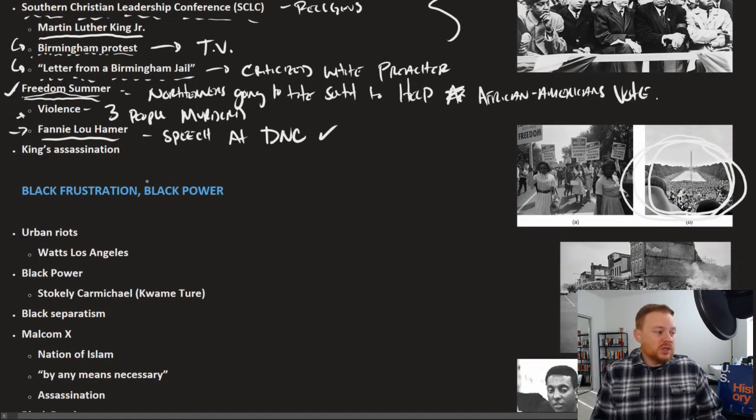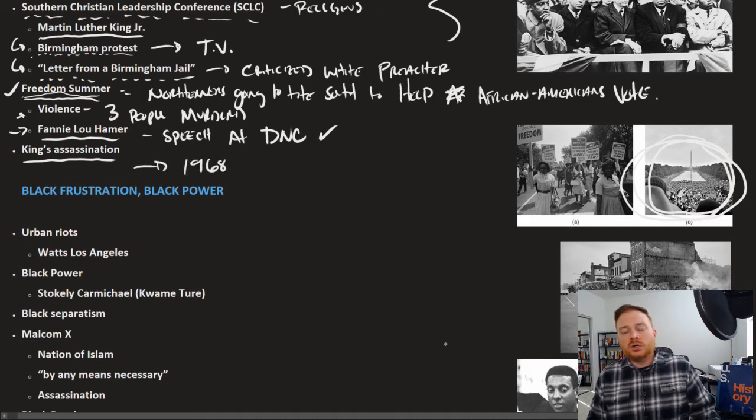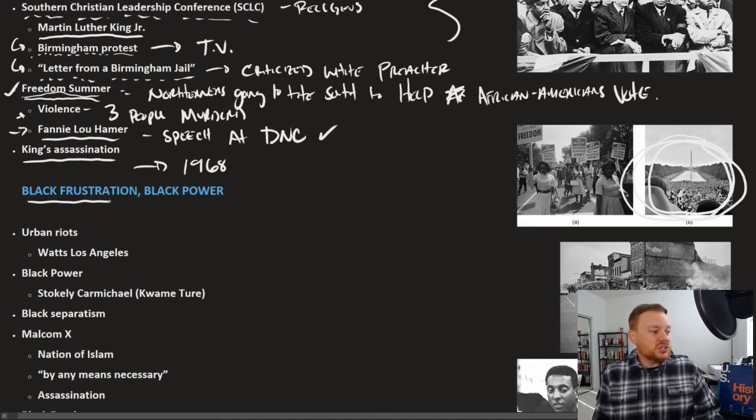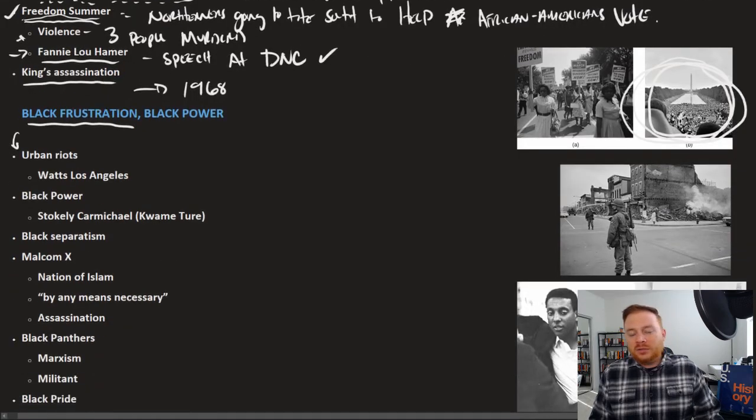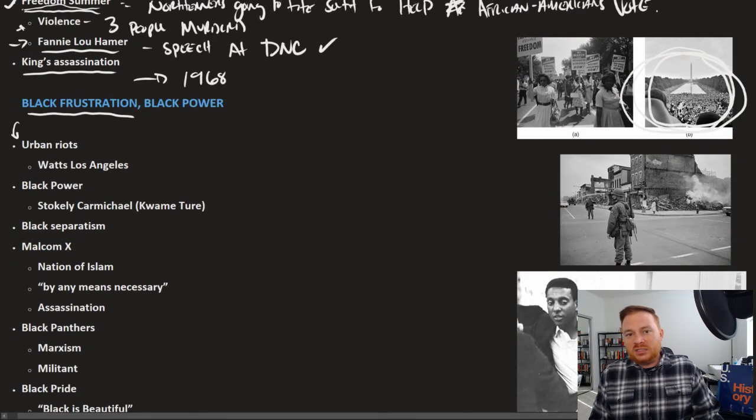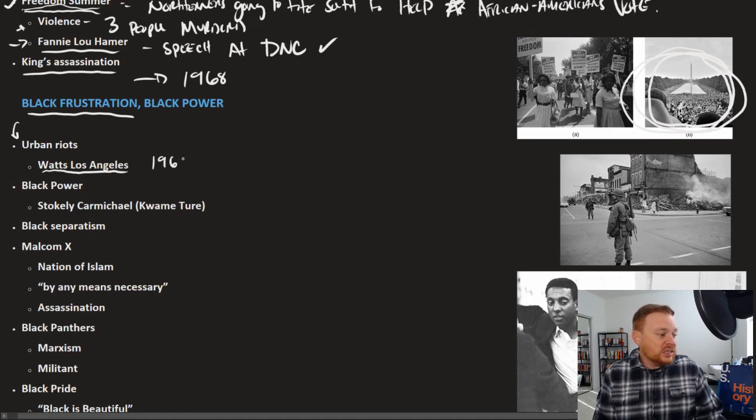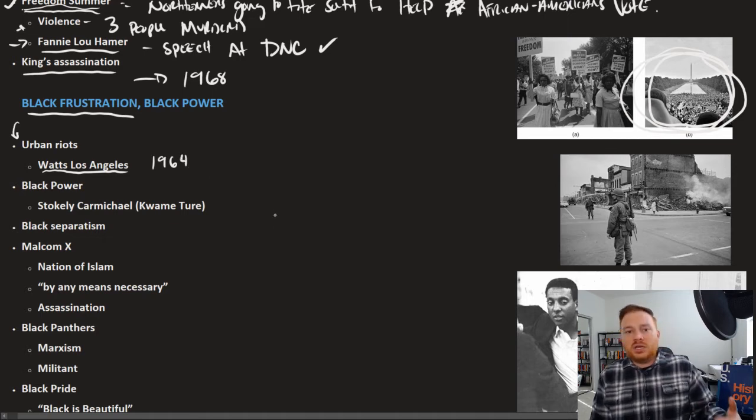Tragically, though, in 1968, Martin Luther King Jr. was assassinated, and that was a catalyst for a lot of anger, a lot of protests and a lot of frustration, you might say. Urban riots broke out in the aftermath of Martin Luther King Jr.'s assassination. But even before that, you had riots breaking out in places like Watts, Los Angeles. I believe this was 1964-ish, I want to say.